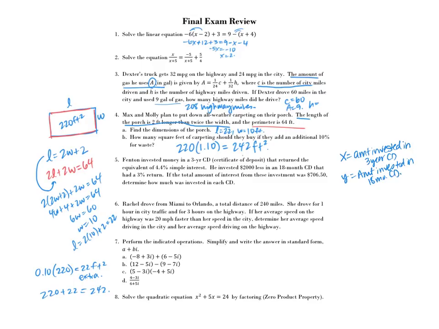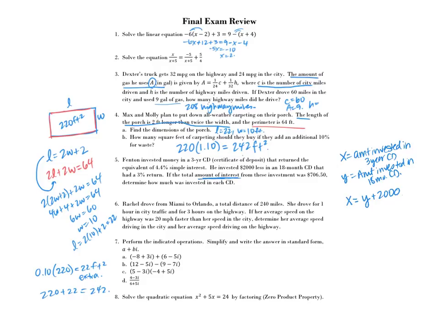And then I know that he invested less in the 18-month CD, so that tells me that X is going to be the amount he invested in the 18-month CD plus 2,000 more. So that is one equation that relates X and Y. The other equation that relates X and Y is going to have to do with the amount of interest.